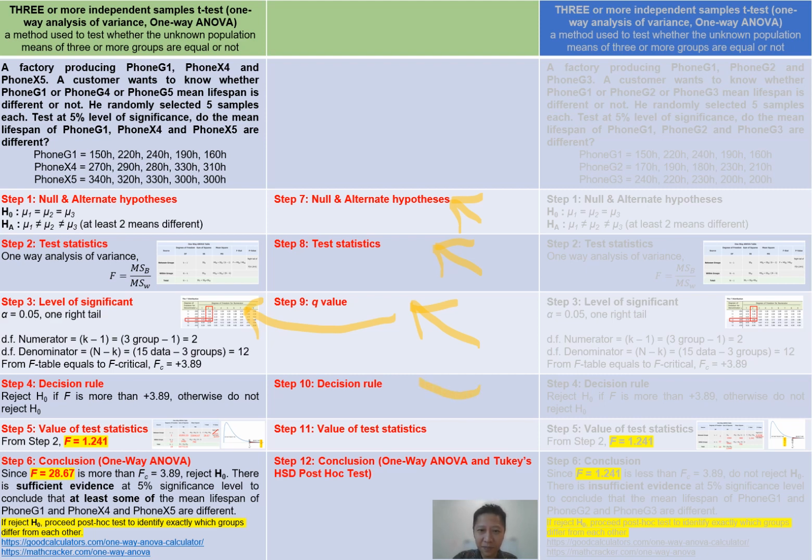Then, when should we reject and not reject? That means which pair has a significant difference, and which pair does not. So what is our result there, and what will be our conclusion? This one we'll discuss during our class later on.